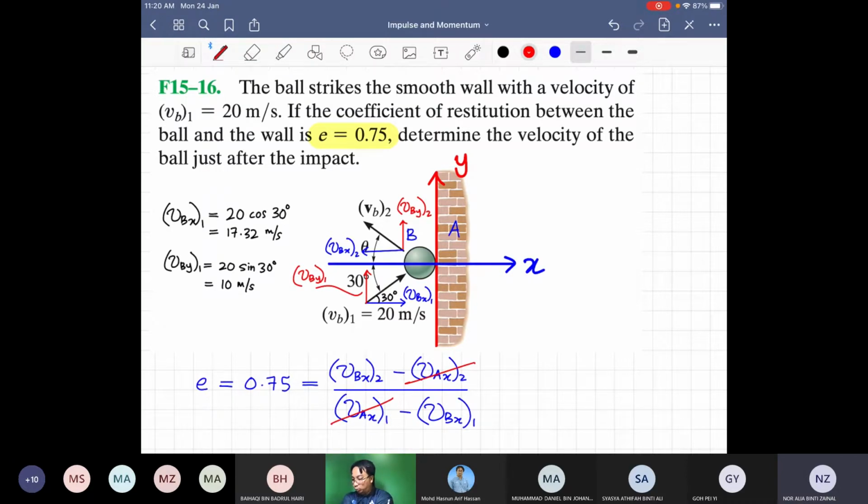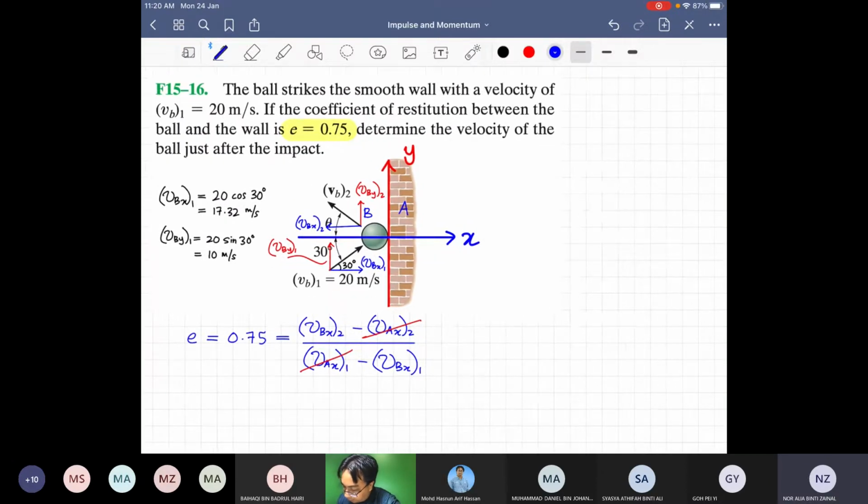So VBX2, kita terus boleh dapat VBX2 lah daripada sini, is equal to 0.75 multiply with minus VBX1. Minus VBX1 sama dengan 0.75 multiplied with minus 17.32.